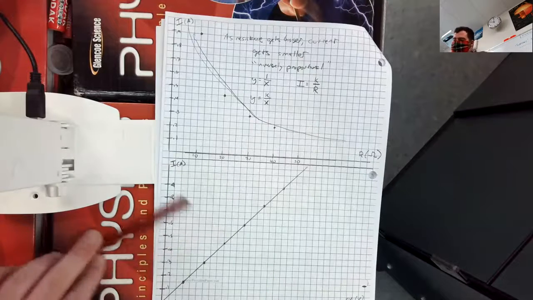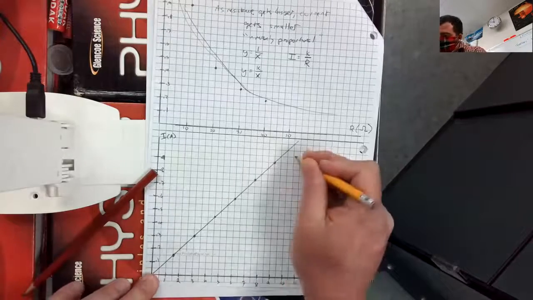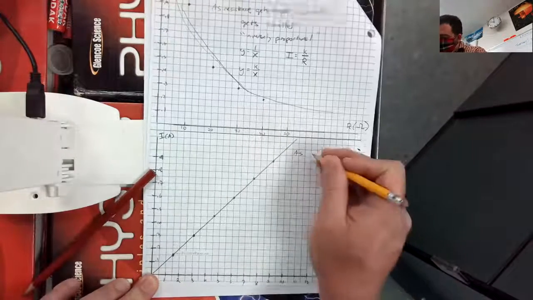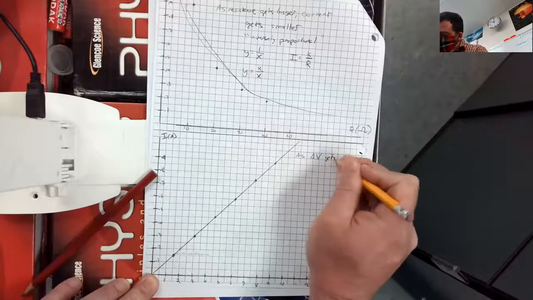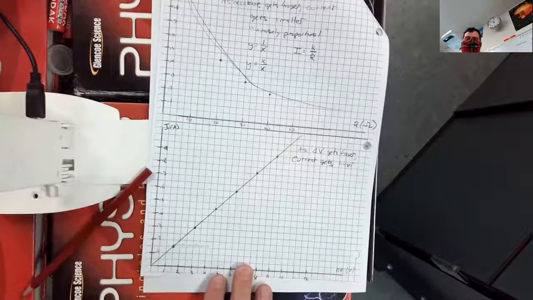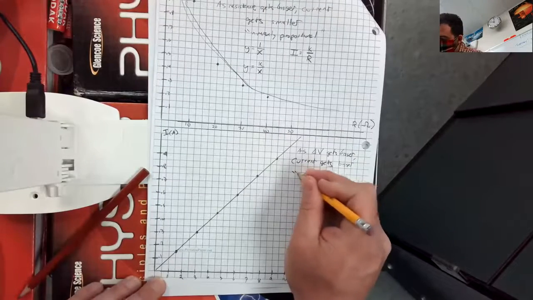So how about this graph? Well, let's write our sentence to describe it. As potential difference gets bigger. So what kind of proportionality is that? Absolutely, thank you. Directly proportional.